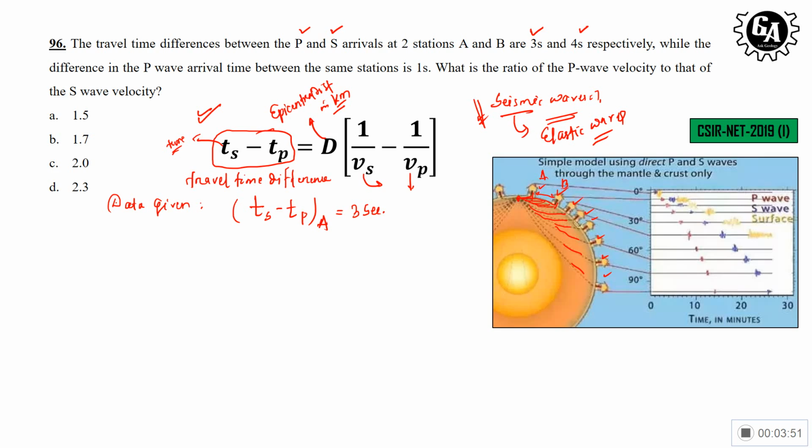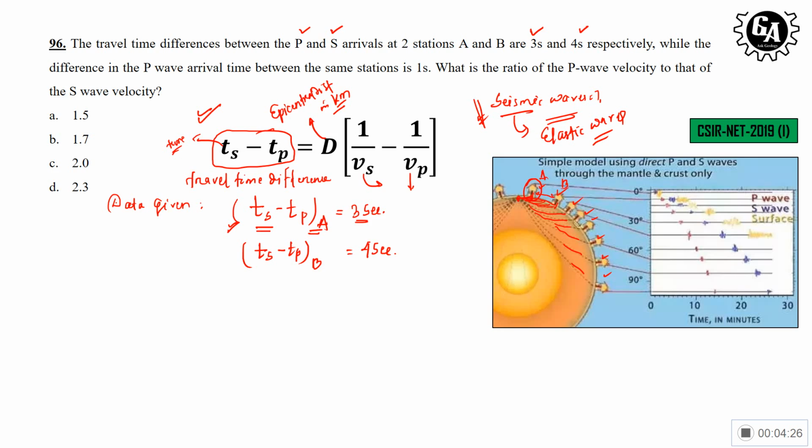The P wave will come to A, then the S wave will come to A, so at station A there will be a difference in the travel time of P and S waves. Ts minus Tp at station A is 3 seconds, and another given, Ts minus Tp at station B is 4 seconds.